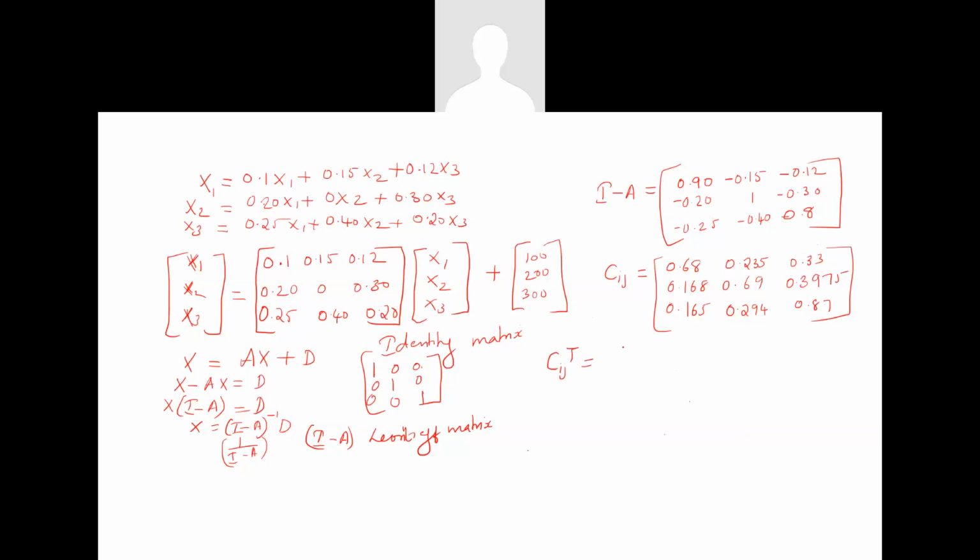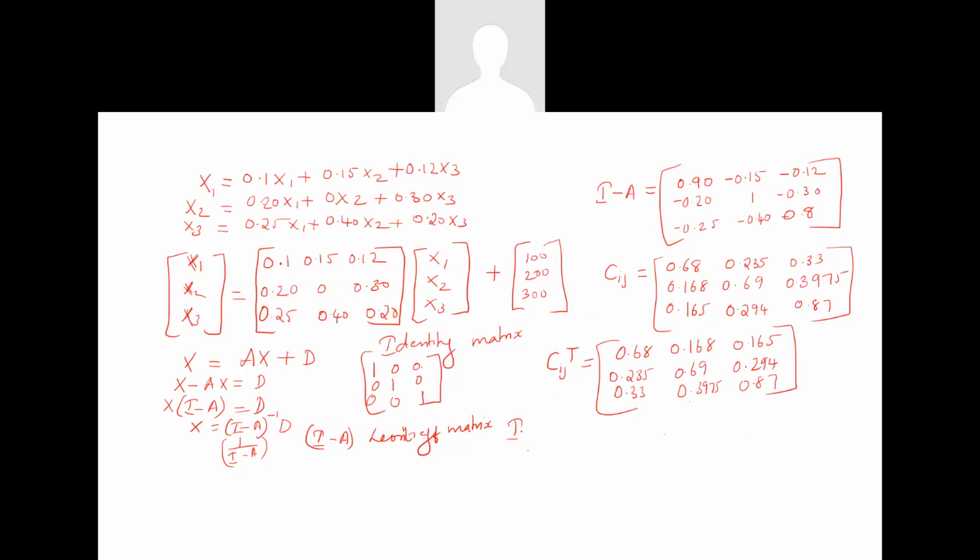When you transpose it, it can be written as 0.68, 0.168, 0.165, then 0.235, 0.69, 0.294, then 0.33, 0.3975, 0.87. This is how you have found the transpose of the matrix.